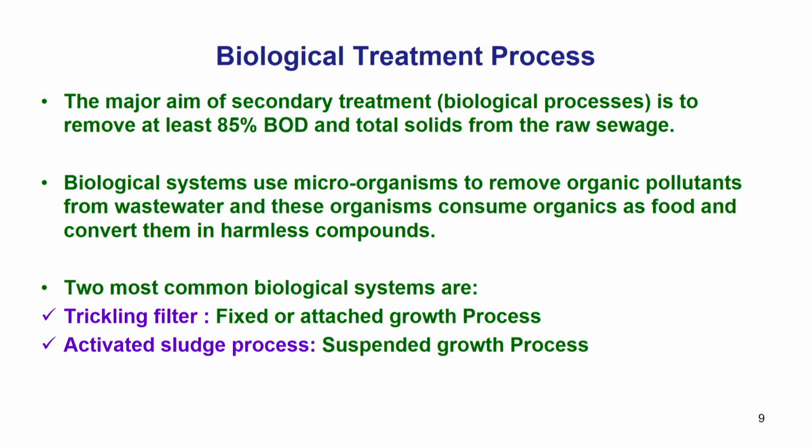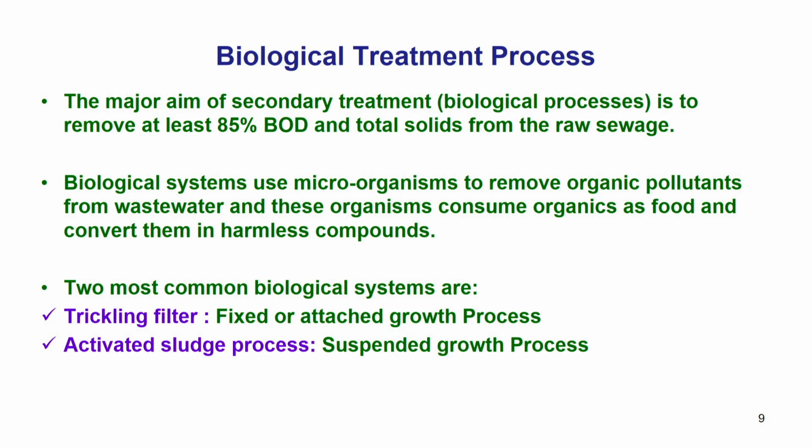In biological systems, microorganisms are used to remove organic pollutants. These organisms consume organic compounds as food and convert them into harmless compounds. In this process sludge is also produced.